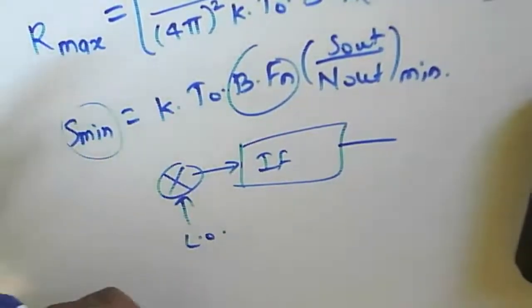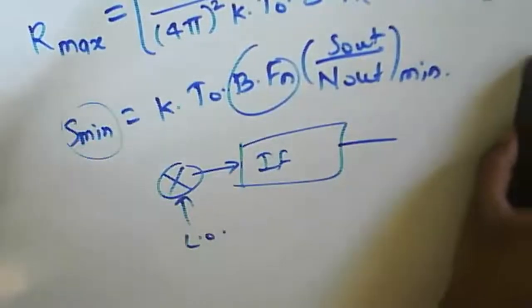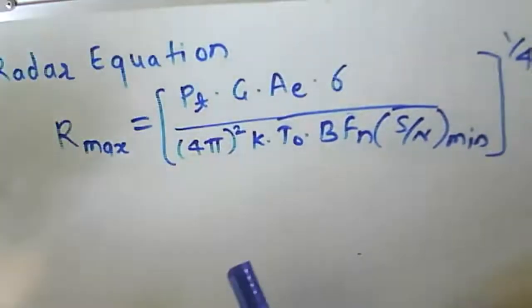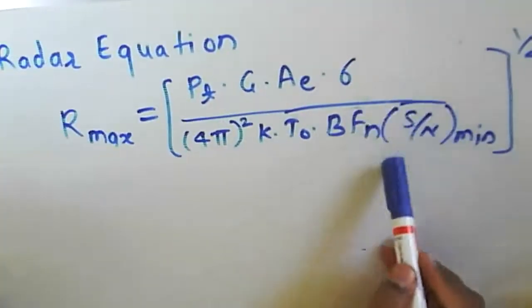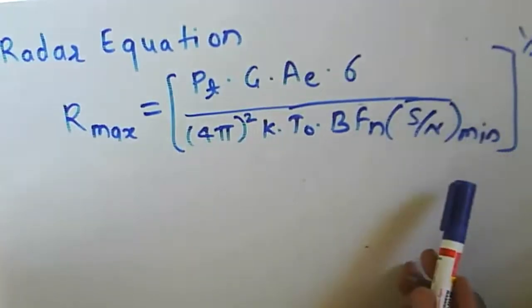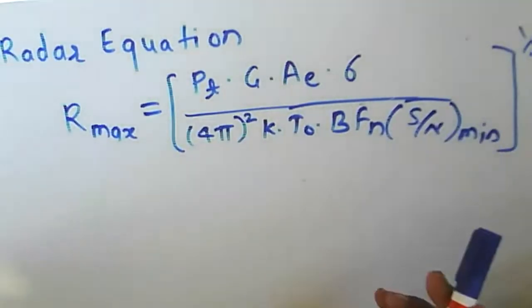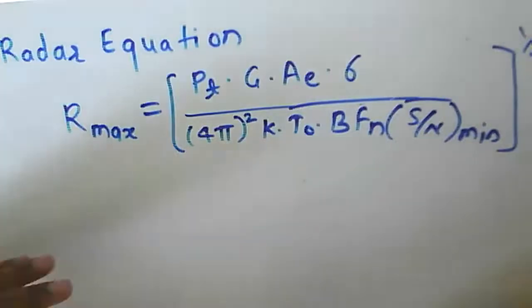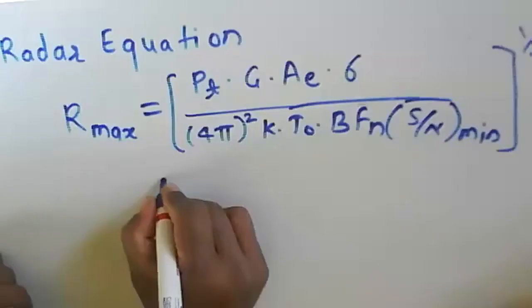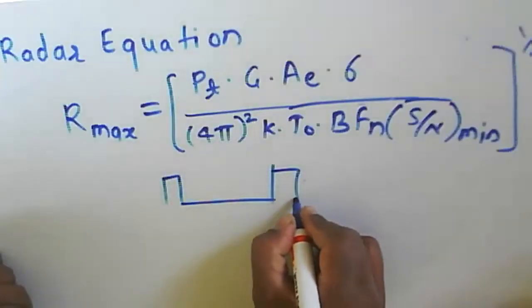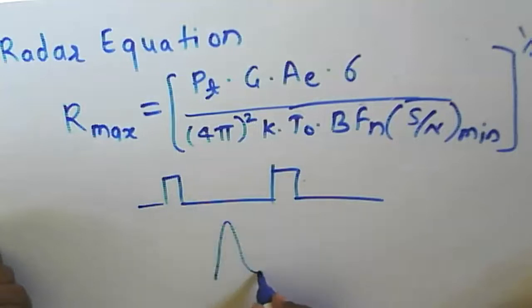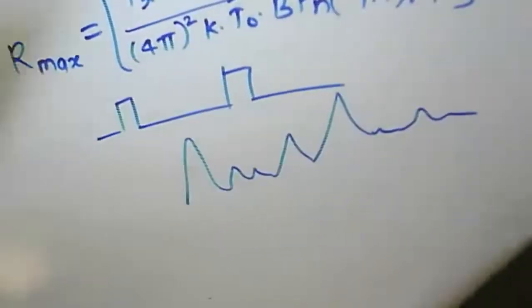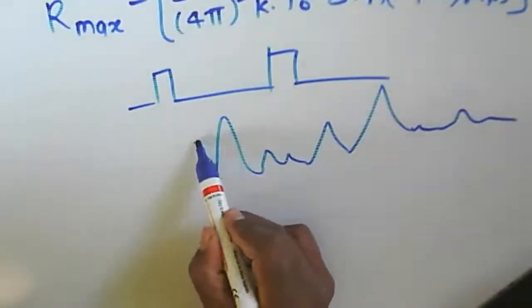Now from this we consider what the minimum signal we are getting is. Next, we find the probability of a false alarm. That means we are sending a rectangular train of pulses and receiving them. This part belongs to the noise.